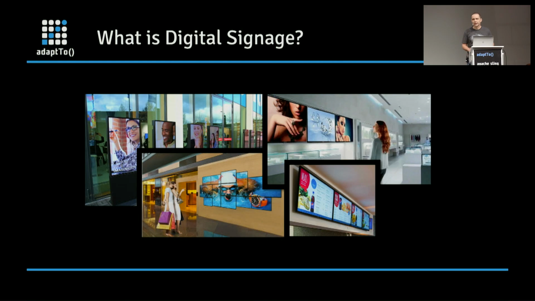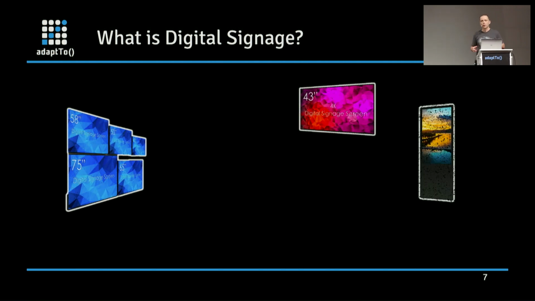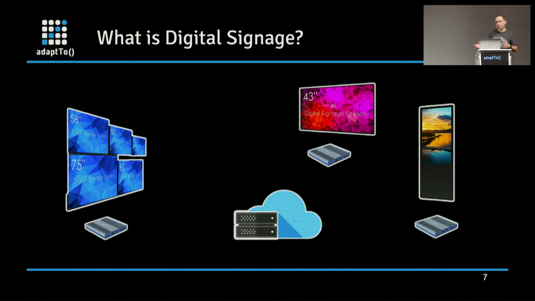But I don't think it's actually very helpful to tell you that it's just digital signage. I have to explain what digital signage is. So simply defined, digital signage is about using high-definition screens to broadcast multimedia content to a broad audience. Technically it means we have a network of high-definition screens.